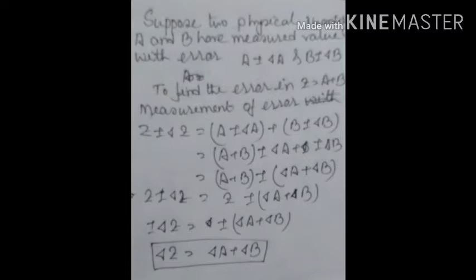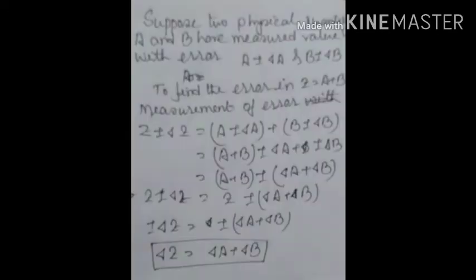Now we will consider the error in multiplication. Similarly, if we calculate z is equal to ab, measurement of a with error a plus minus delta a, measurement of b with error b plus minus delta b. So finally we can find delta z by z is equal to delta a by a plus delta b by b.